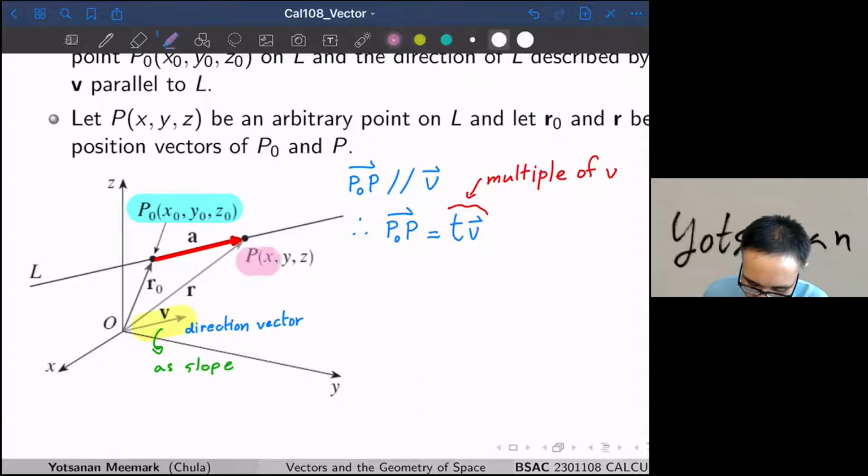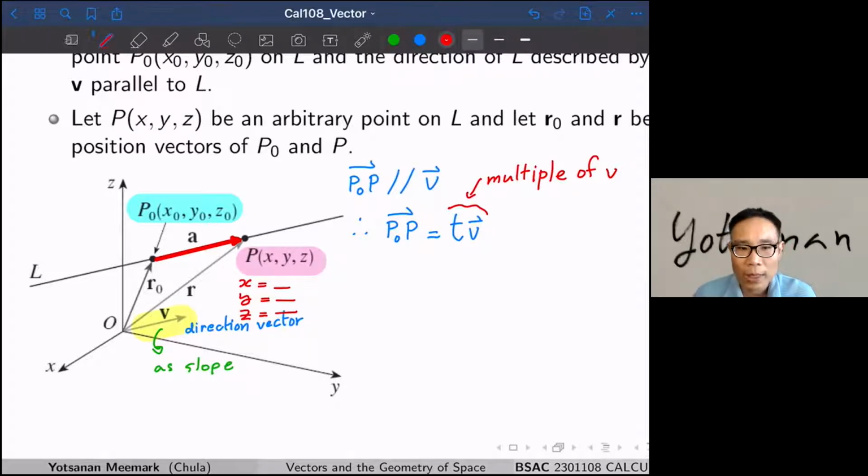For any point P on the line, we need x, y, and z in terms of the point P0 and the vector v that the line is parallel to.